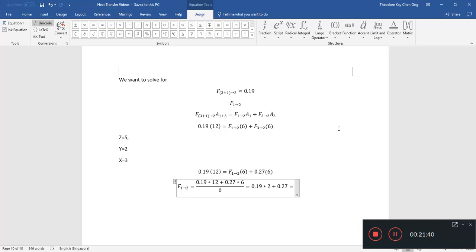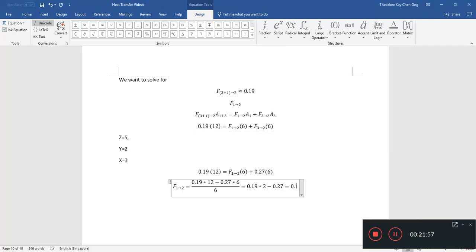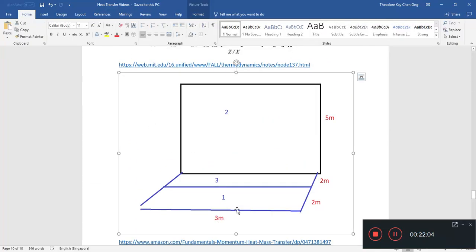Right? Or is it minus? There should be a minus sign. Again, another careless mistake. So 0.19 times 2 minus 0.27 gives 0.11, which is what we should expect, because this 1 going to 2 is much further than 3 going to 2.